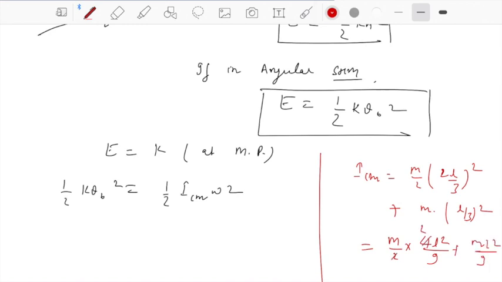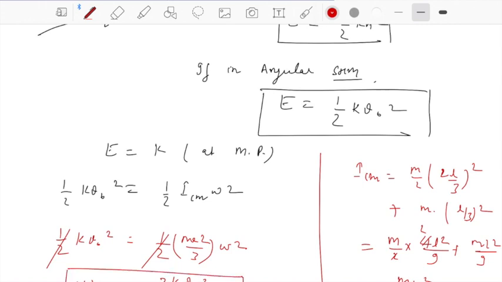This simplifies to finally mL square by 3. So if you substitute the values, you get half K into theta naught square is equal to half mL square by 3 into omega square. So this half cancels out. We achieve omega square is equal to 3K theta naught square upon mL square.